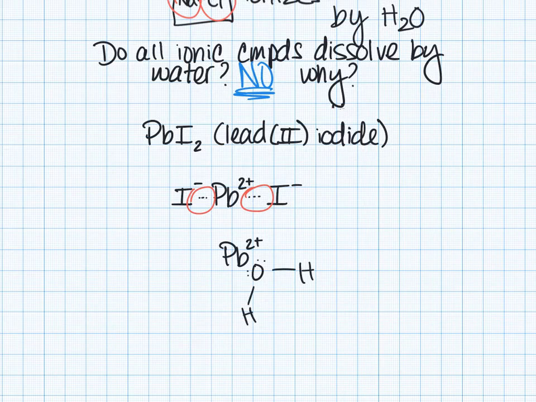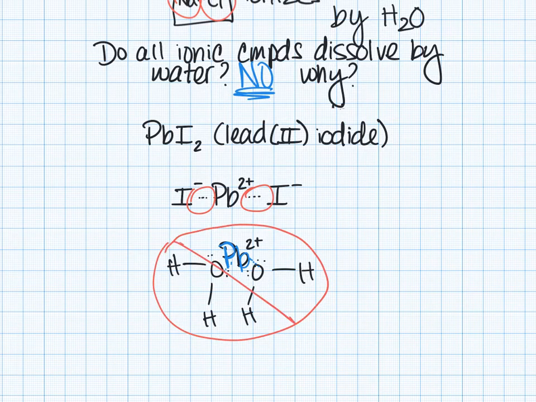So if lead(II) iodide were to dissolve in water, you would have the negative end of a water molecule, which is the oxygen, interacting with the positively charged lead, right? Well, that actually doesn't happen. Okay, so I'm going to put a big circle X. This does not happen. These stay intact.